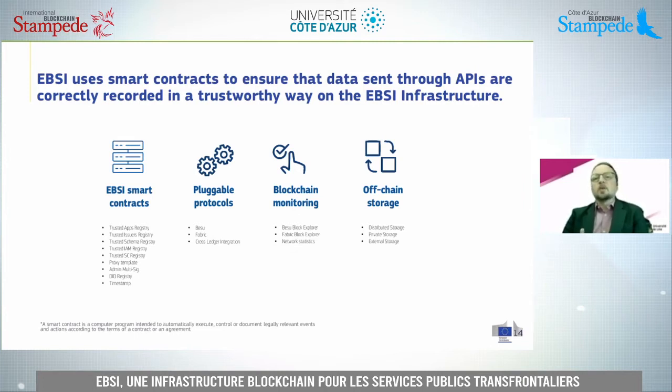So we have off-chain storage, distributed storage shared by all the nodes, but also private storage or external storage APIs, allowing access to different kinds of off-chain storage. And the proofs of existence, of timestamping, of conformity to whatever smart contract, these proofs are stored on blockchain ledgers. So the data themselves are stored off-chain, and the proofs are stored in the blockchain.